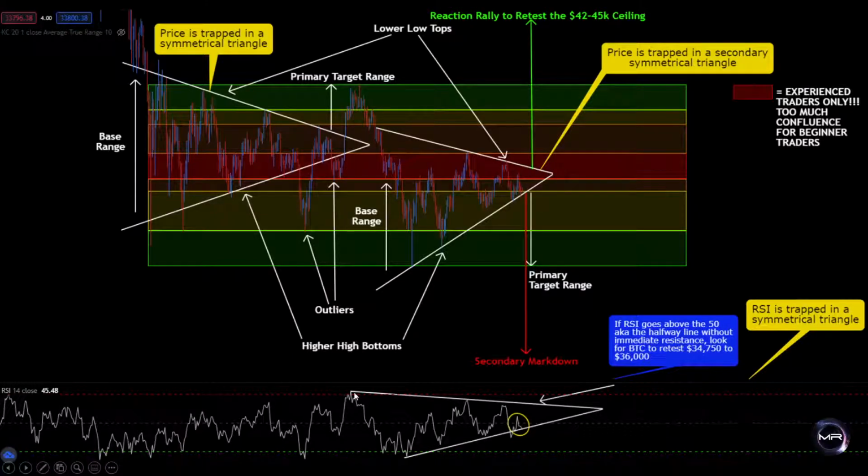An RSI that was making lower highs and also higher lows. The end result being a crash towards this primary target range. Now, this is a trend change, right? This is an obvious trend pattern that we're able to trade off of. Now, let's go on to the next segment.